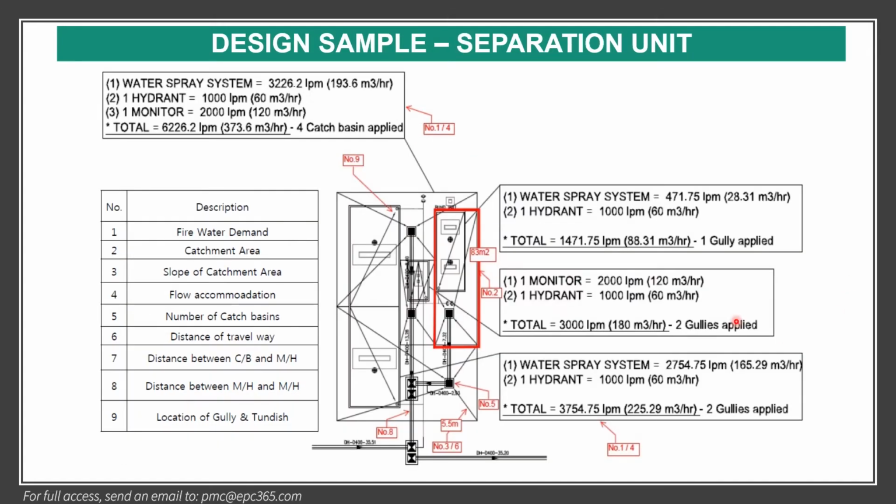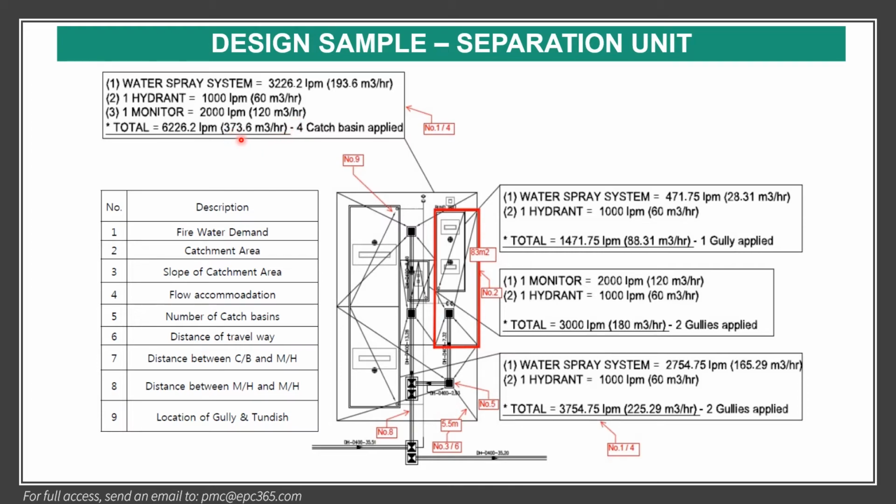The same thing now is for the separation area. This is a slug catcher, and this is the LP separator. There is 193 cubic meters per hour for the deluge, 60 cubic meters per hour for the hydrant, and 120 cubic meters for the monitor.